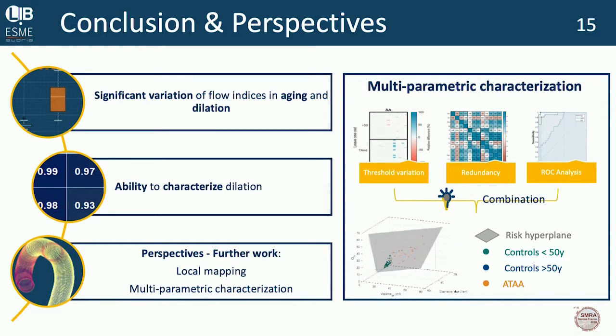You can see here two flow indices, namely the normalized peak and the volume of backward flow, in addition to diameter. As you can see, we can draw a hyperplane to well separate our controls from our patients. Now we need to apply this work to longitudinal data to validate our hypothesis.